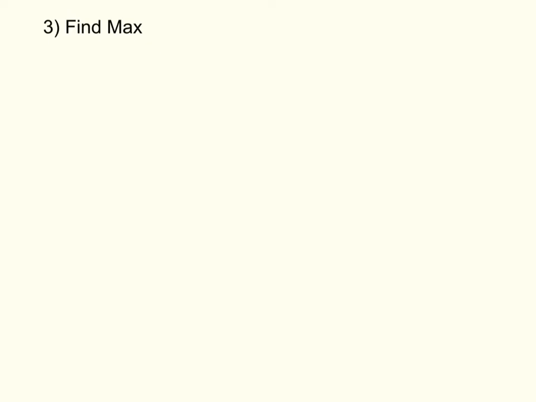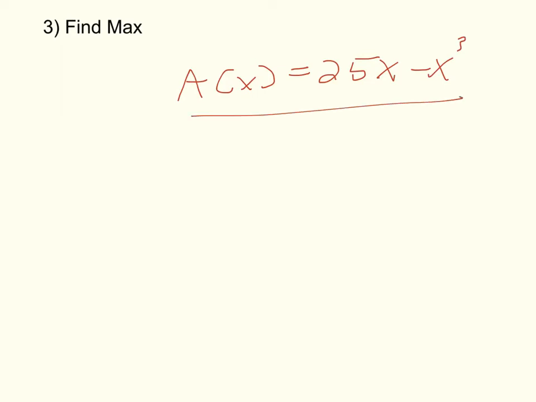So at what point in x are we going to get the maximum area? Is this area going to be the biggest? We have our equation A of x equals 25x minus x cubed. Remember, that's our model for area in terms of x. This problem is basically all calculator.